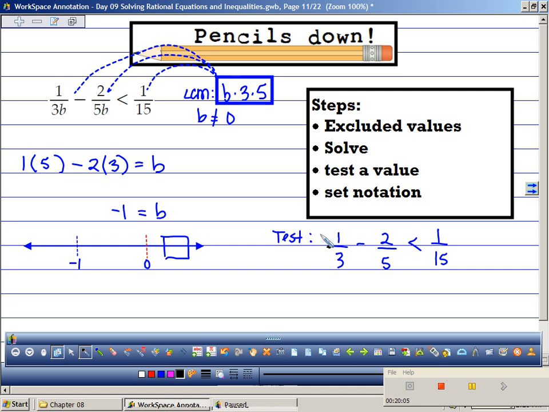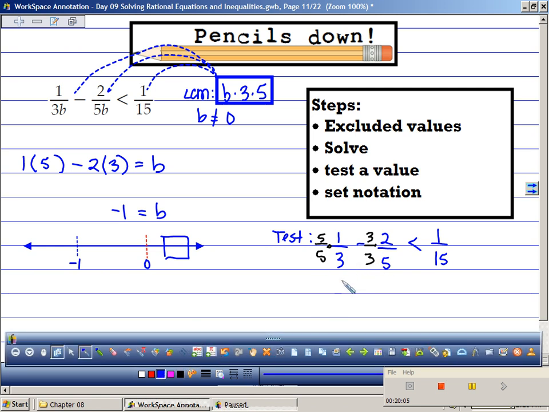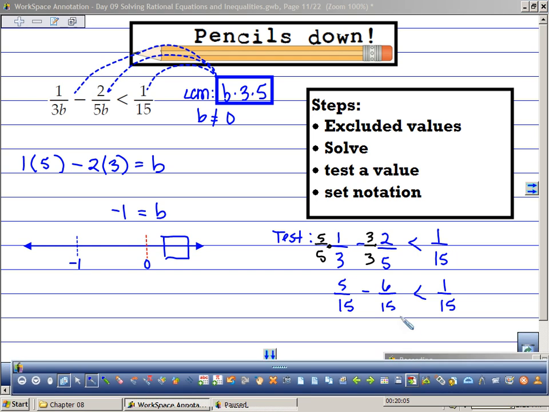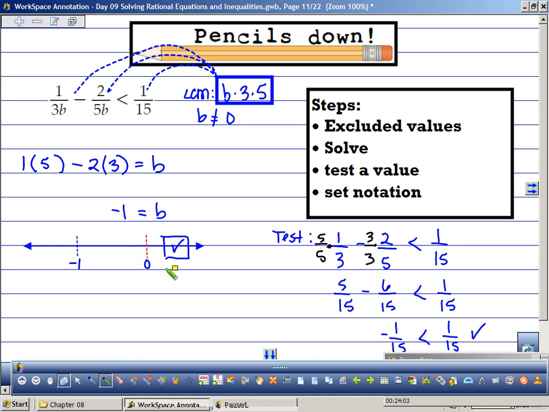Multiply by 5 over 5 and 3 over 3. That gives me 5 over 15 minus 6 over 15 is less than 1 over 15. So -1 over 15 is less than 1 over 15. Is that true? It's true, therefore check. That's part of the solution. All right, here is part of the solution.